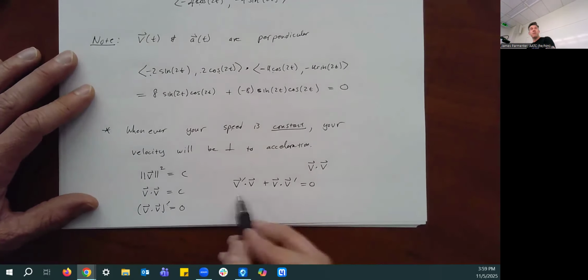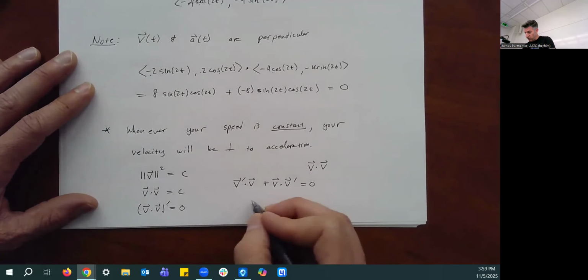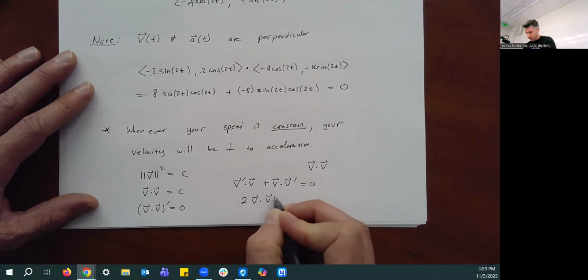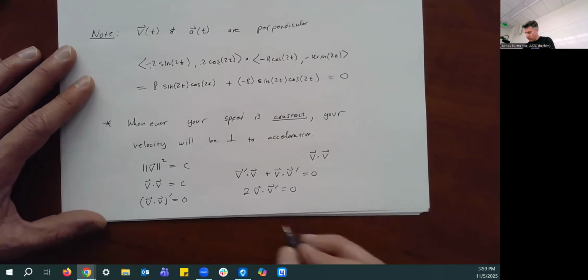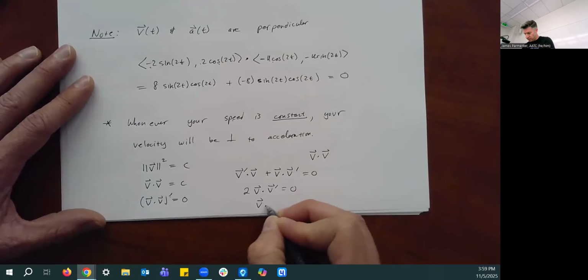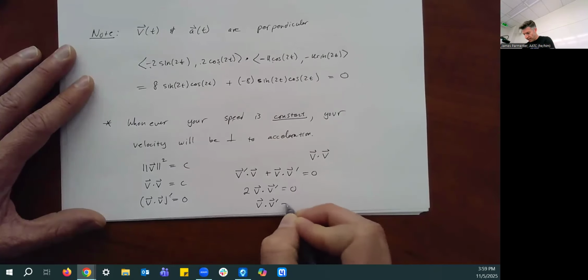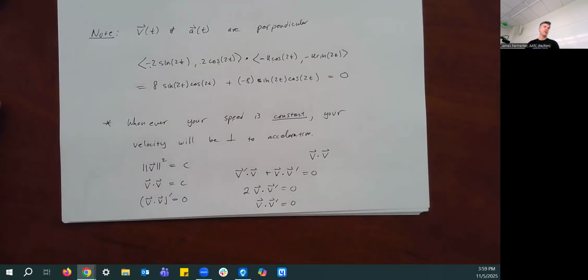But those are the same. So you add them together and you say 2 times the velocity dotted with the derivative of the velocity, that's acceleration, is equal to 0. Divide both sides by 2, and you get the velocity dotted with the acceleration has to equal 0, meaning they have to be perpendicular.